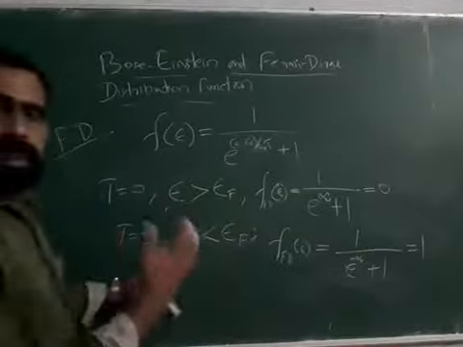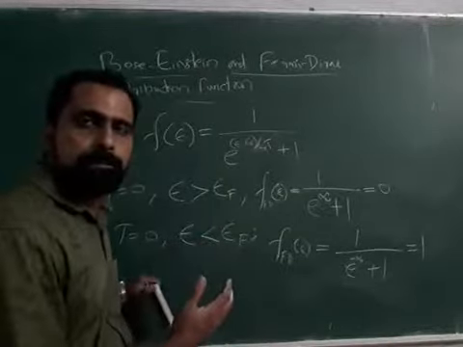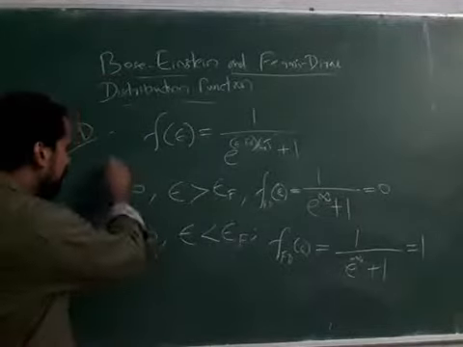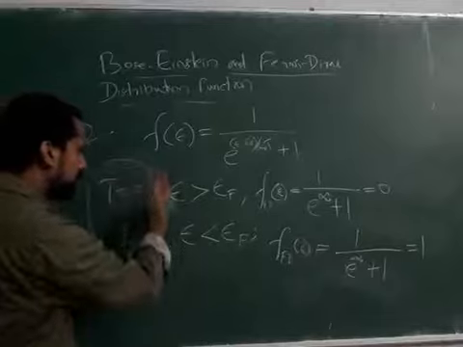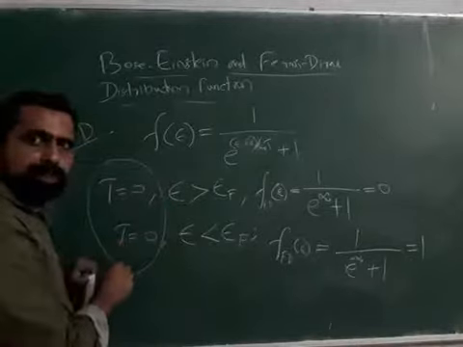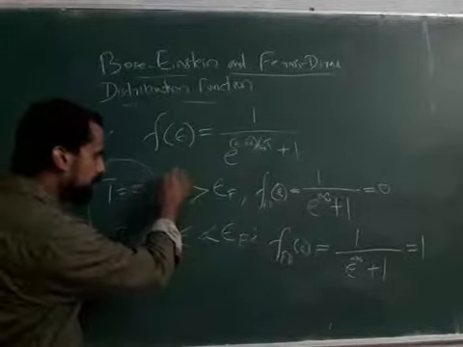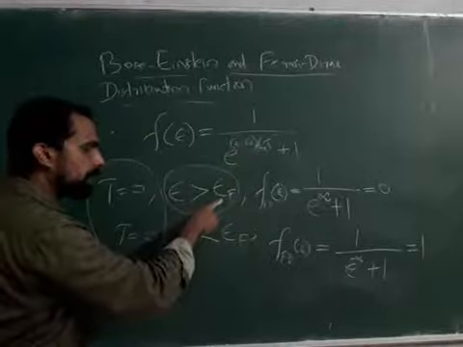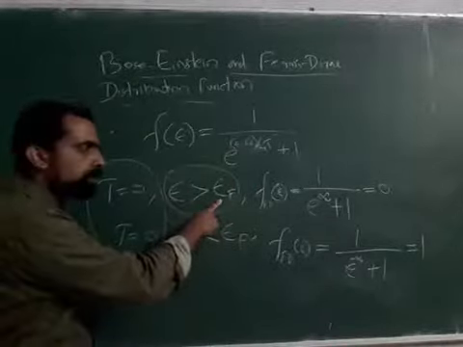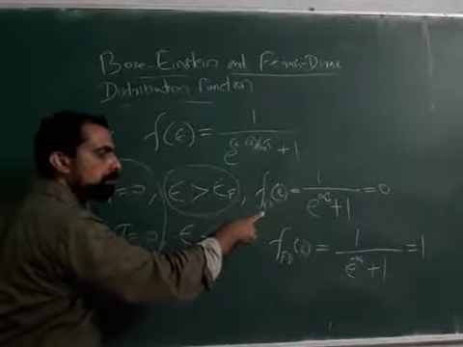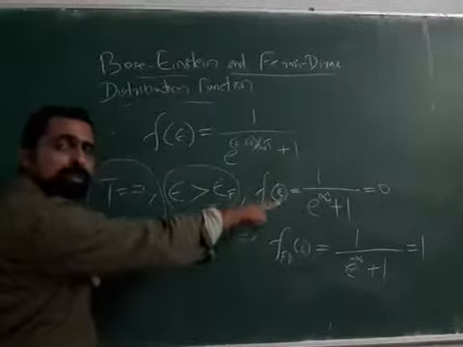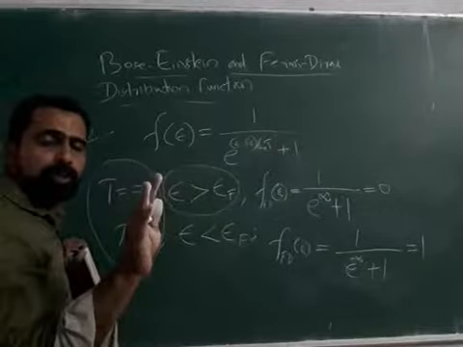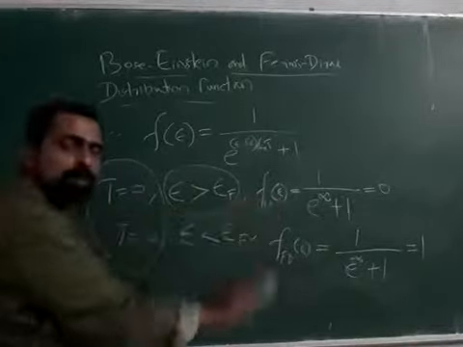So what is the meaning of this? At the absolute temperature, when the energy of the particle becomes greater than epsilon f, your distribution function becomes 0. That means you don't have any particle occupying this energy level epsilon.